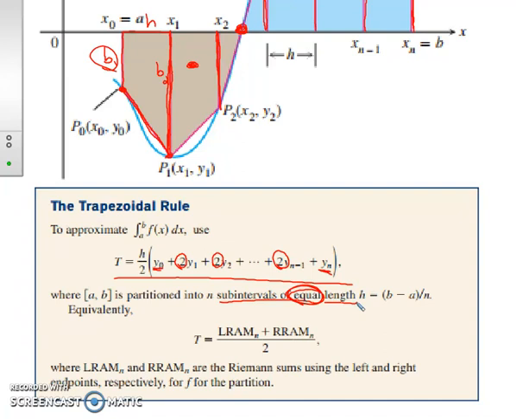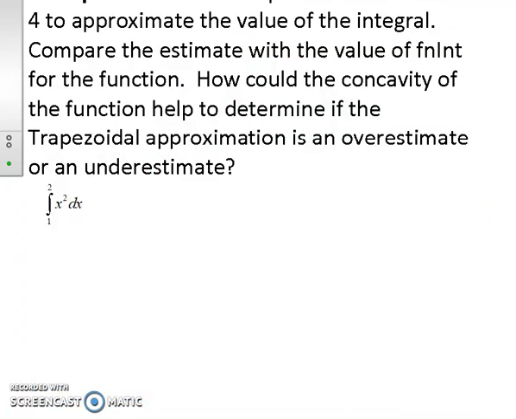But to be honest, the only time that's really helpful is maybe if you're doing a problem where you've already had to find LRAM and RRAM, then you can just average them together. But if you haven't already had to find them, there's really no point in doing those two and then averaging them just to find the trapezoidal rule. You might as well just stick to the other h over 2 times all those different y values approach. So let's look at a problem.